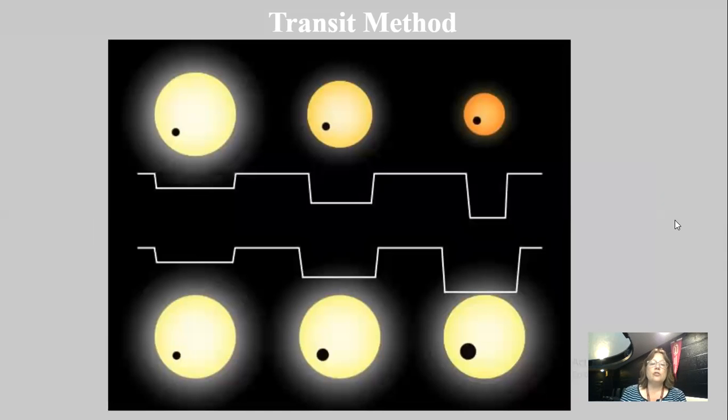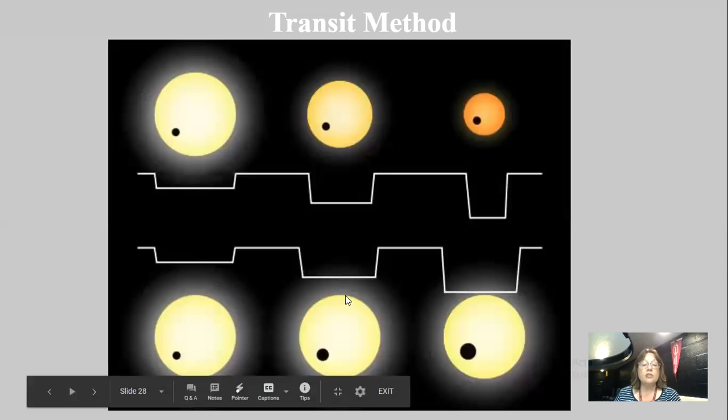So these light curves do change their shape depending on the size of the star and the size of the planet. The three examples at the top of this diagram show different size stars and the same size planet. And the diagram at the bottom is showing the reverse: same size star, different size planet. So let's take a look at the bottom one first. Here the stars are all the same size and the planet is increasing in its size.